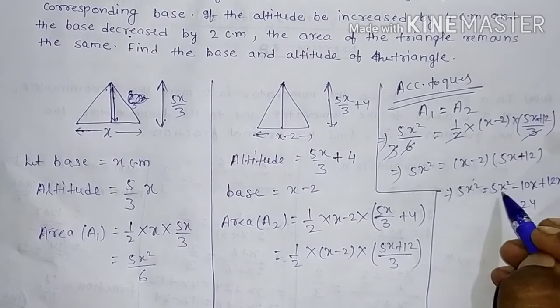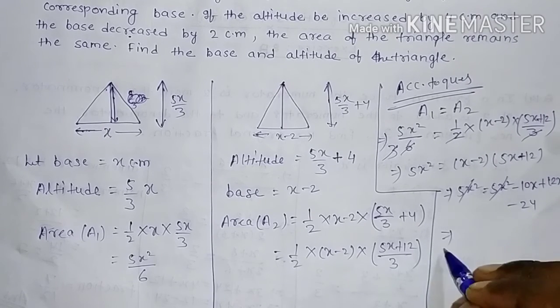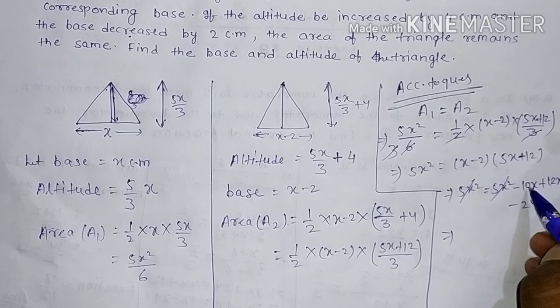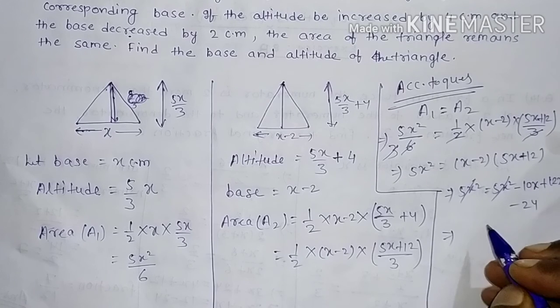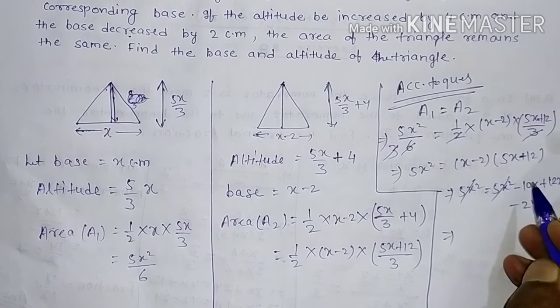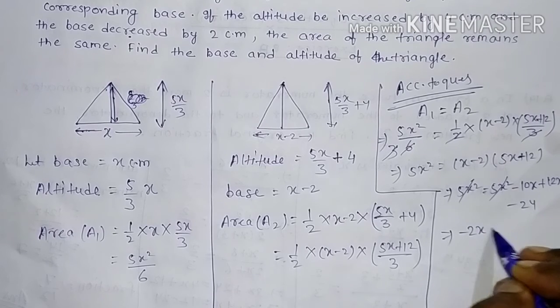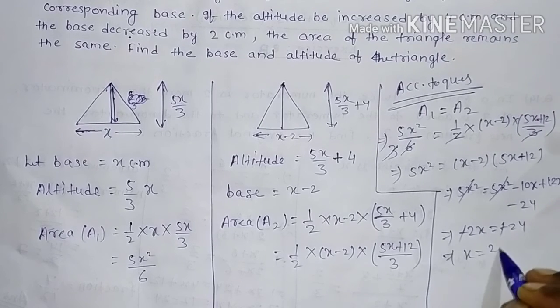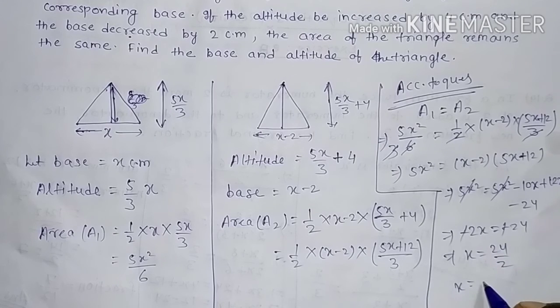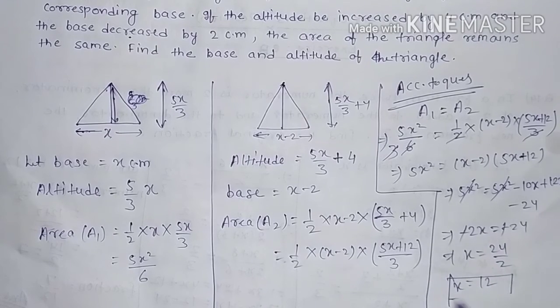Now 5x square cancels out. So minus 10x plus 12x, that is 2x. So it comes to the LHS side. So this is minus 2x equals minus 24. Minus minus cancels out, and x equals 24 upon 2. x equals 12. Now the value of x is 12 centimeter.